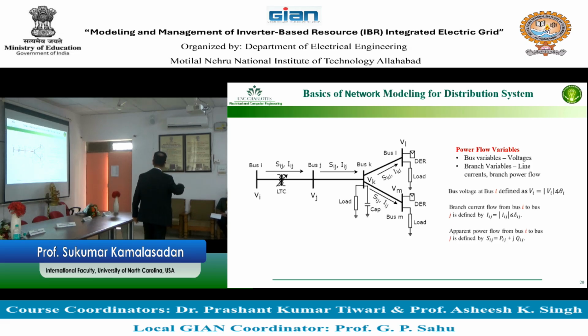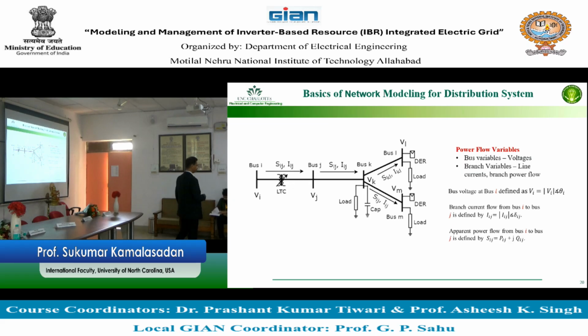And then you have a power flow represented in the form of apparent power. So the apparent power includes the active and reactive power. Active power in the active power domain and the reactive power along with that. So they are complex phasors, right? Phasor representation in the form of a complex quantity. Make sense?